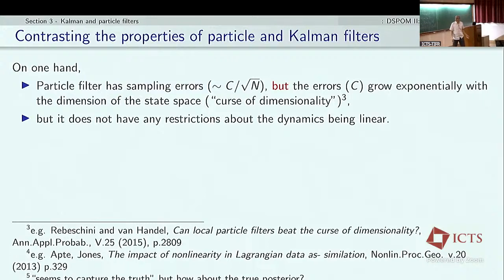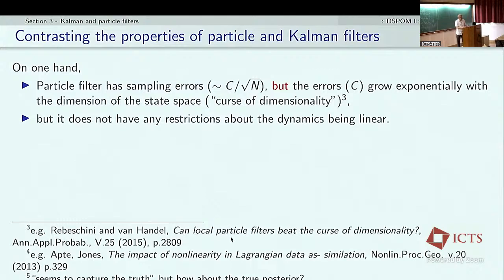One of the only answers that I know of where the exponential growth with respect to dimension can be avoided is this one single paper. As far as I know, that's literally the only paper where there is at least some hope of trying to overcome these exponential errors with respect to dimensions.